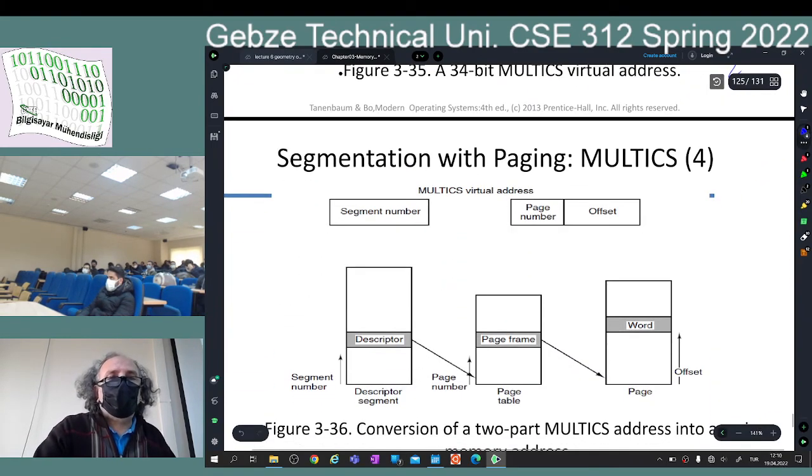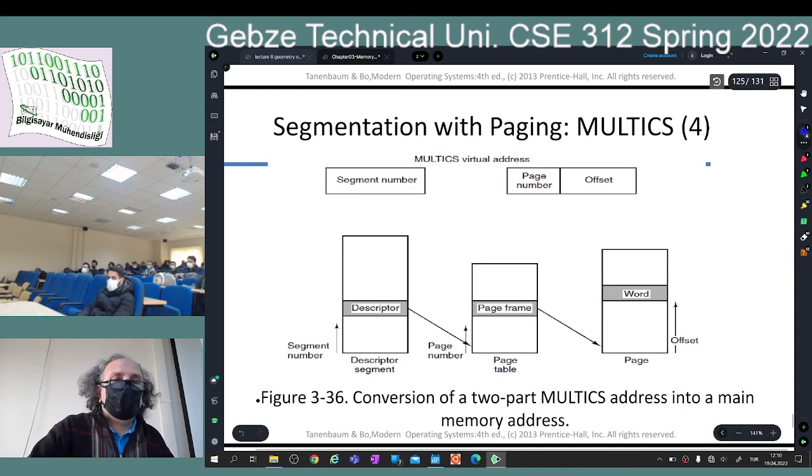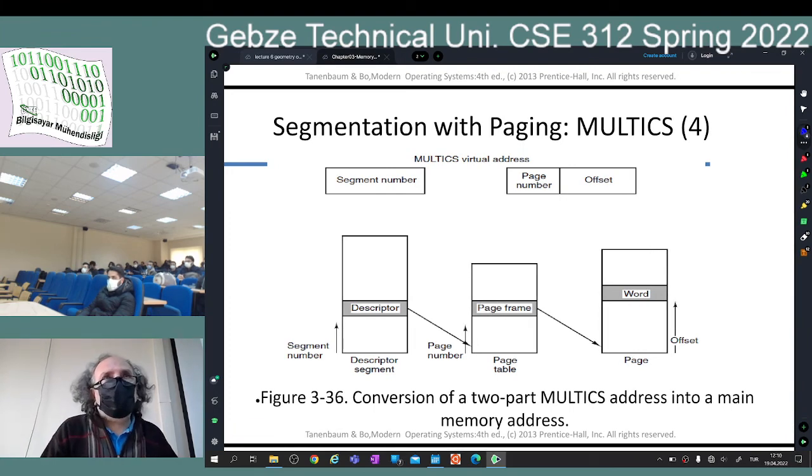You get your first 18 bits. You make a lookup inside my segment descriptor table. You get your page table. From the page table, you find your page. From the page, you find your word. Okay? And this is done by the MMU during the runtime.